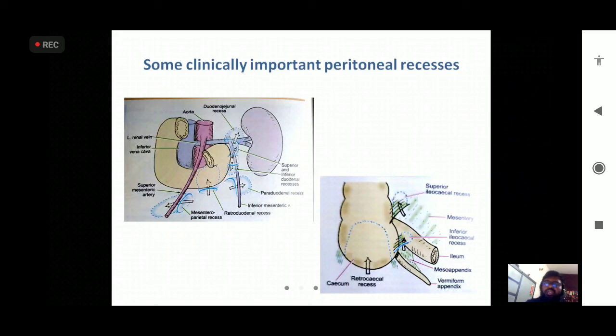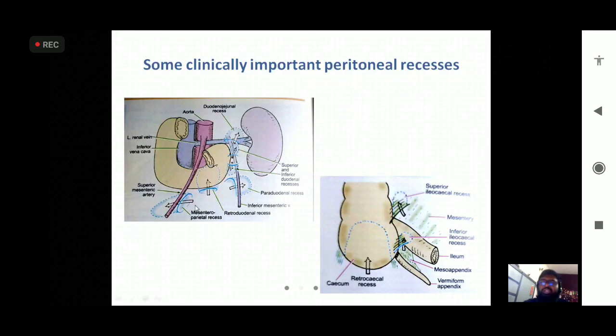Again, there are some duodenal recesses related to the duodenum, and there are some recesses in relation to the cecum, like the retrocecal recess, the superior ileocecal recess, the inferior ileocecal recess, and these recesses can lodge some part of the intestine, and when it is lodged badly, it is causing intussusception, and it is causing some obstruction of the intestine or GI tract, and that is a surgical problem.